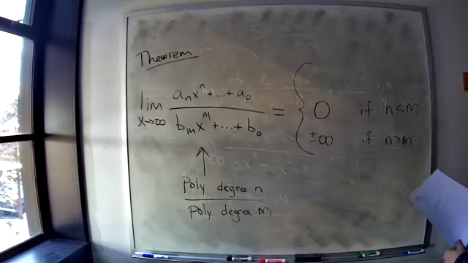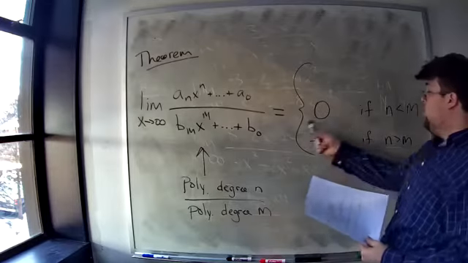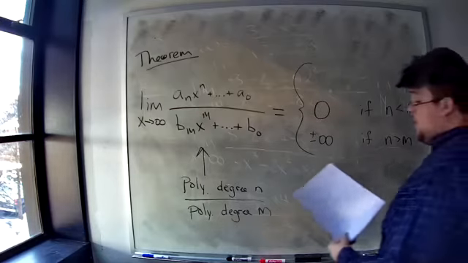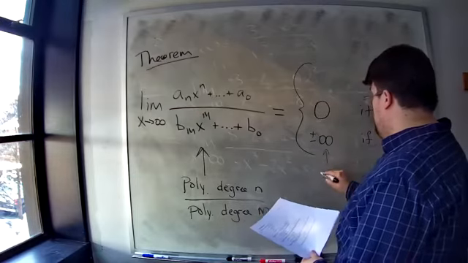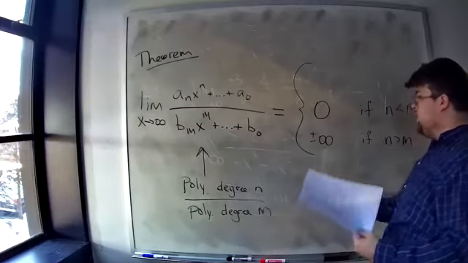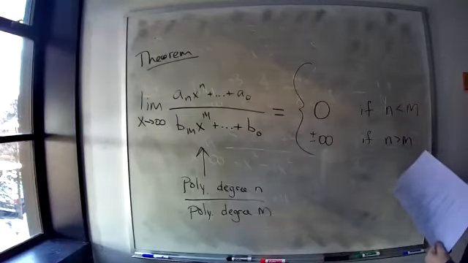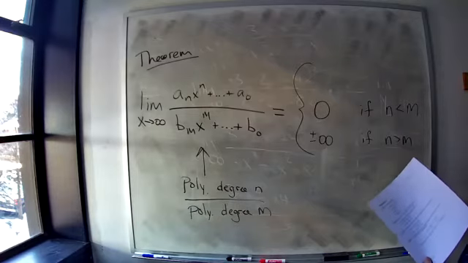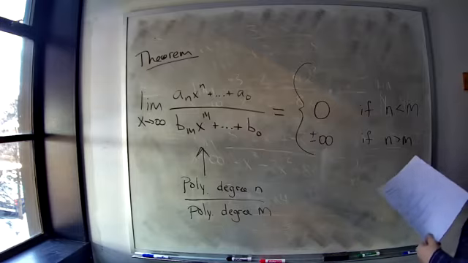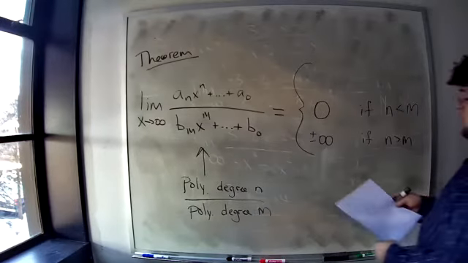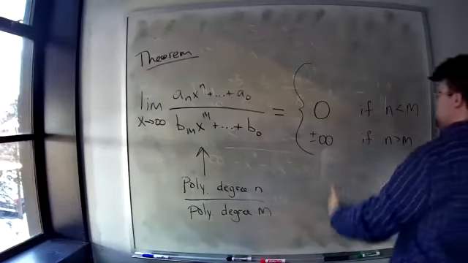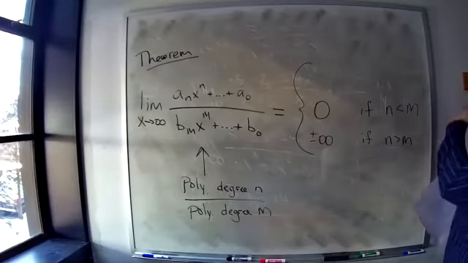And in that case, as x goes to infinity, the whole function could go to positive infinity, or it could go to negative infinity. After I finish this, I'm going to write something else under here that you can compare. If in part B it said negative 4x to the 8th, it would be negative infinity. But if the degree on top is larger than the degree on the bottom, it would turn into something like what part B turned into, where we got a limit of positive or negative infinity.